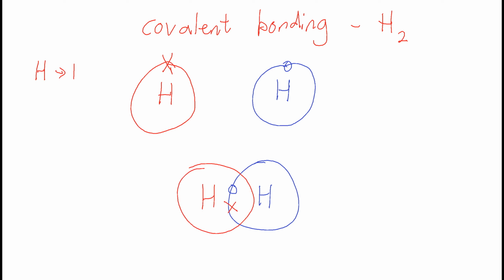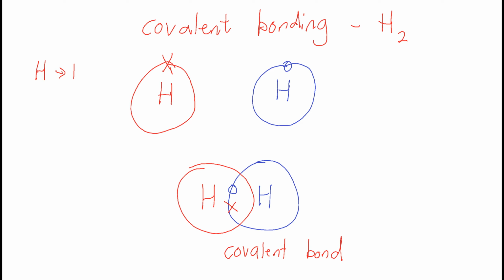So what you see here now is two hydrogen atoms coming together, sharing the pair of electrons they have, and so forming a covalent bond. This is the simplest covalent bond between two hydrogen atoms forming a hydrogen molecule.